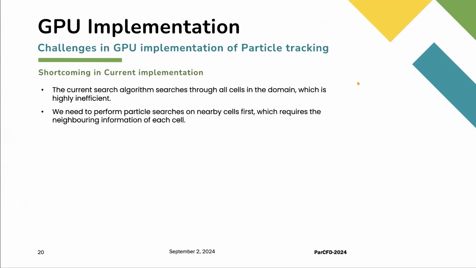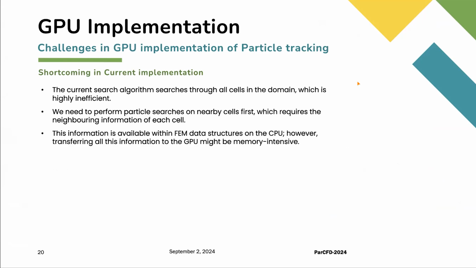Okay. And one more thing is the current algorithm had a sequential search of particles. When a particle exits a particular cell, we have to search through the neighboring regions to find it. But this cell neighboring information is again very complex.